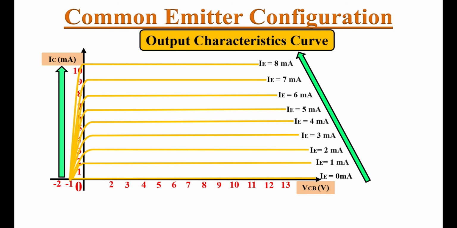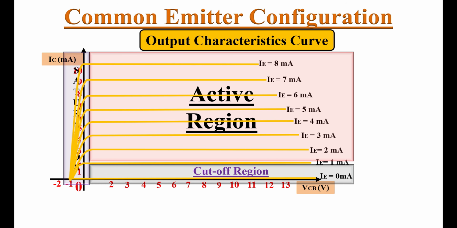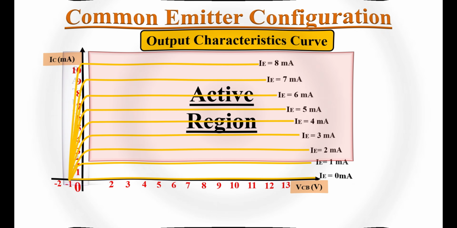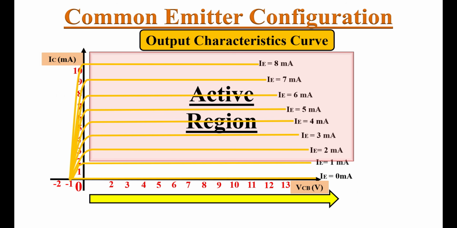These curves can be segregated into three regions. The first is the active region, the second is the saturation region, and the third is the cutoff region. We will discuss them one by one. First, the active region. In this region, even if we increase the collector to base voltage VCB, the collector current almost remains constant. Here the relationship between the collector current and the emitter current is IC equals alpha times IE.